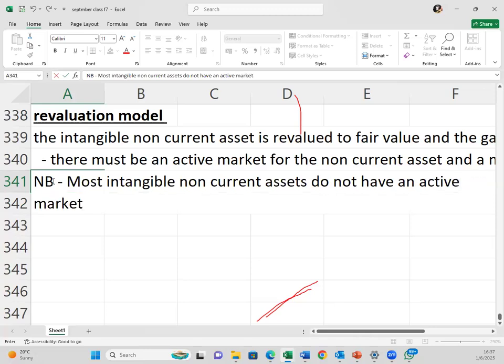Therefore, this model is not applicable. We can't apply this one because for most intangible non-current assets, we don't have an active market.